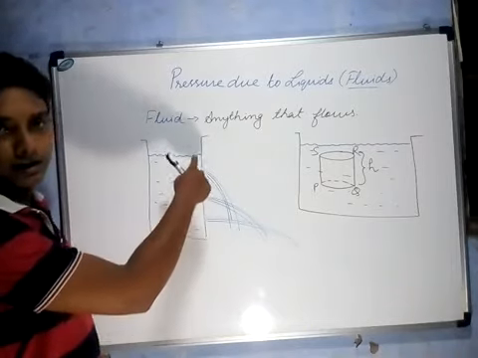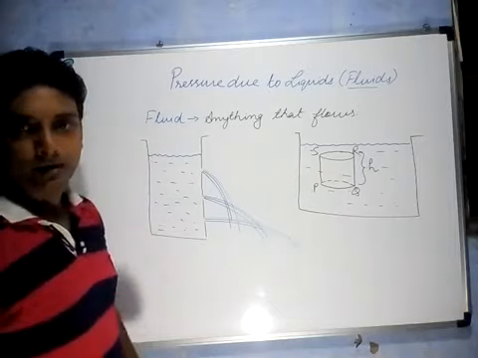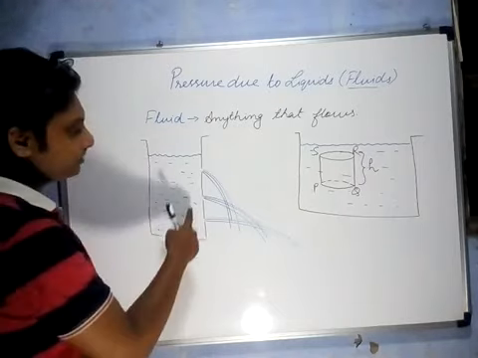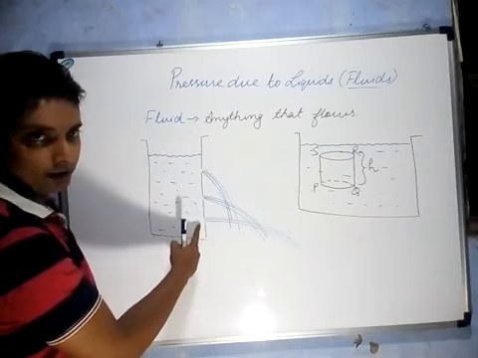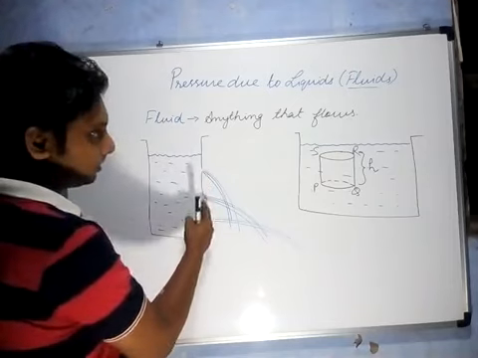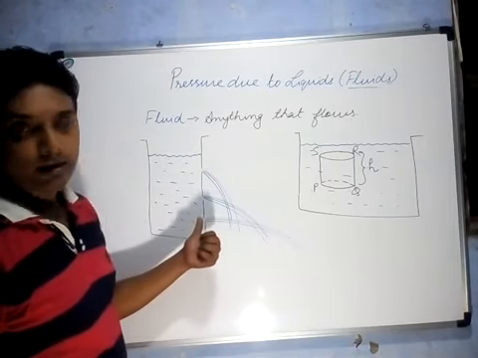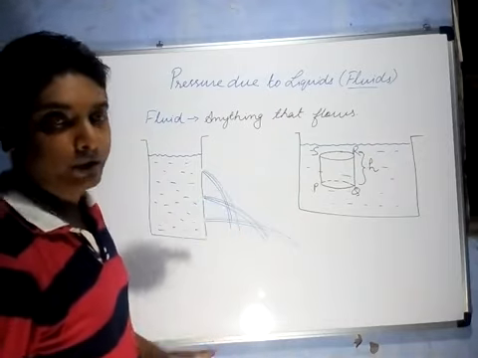This is a container, and in this container we have kept a particular liquid. Now in this container I have made 3 holes, and what we can see is that from all the 3 holes the liquid is coming out at different speeds.